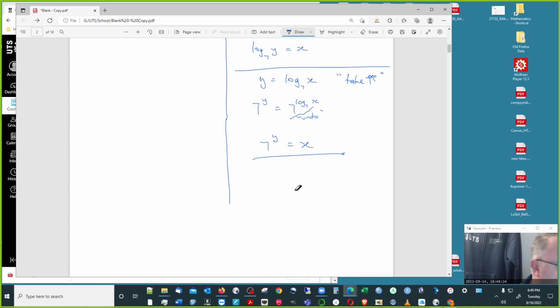Now, who wants to give me an example? Who wants me to do an example for them? You pick it. Y equals. What are we doing? We're either doing a log or an exponential of some number.